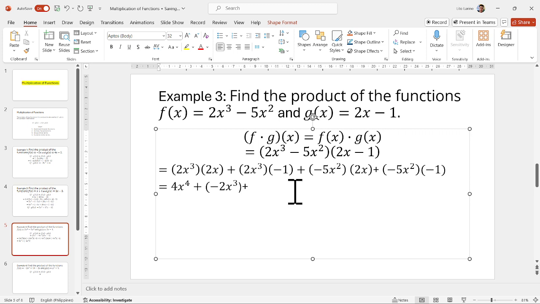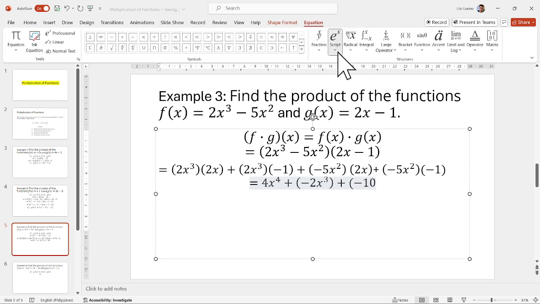Plus, we have negative 5 times 2 is negative 10. X squared times x is adding the exponents. Don't forget, again, it's x cubed.